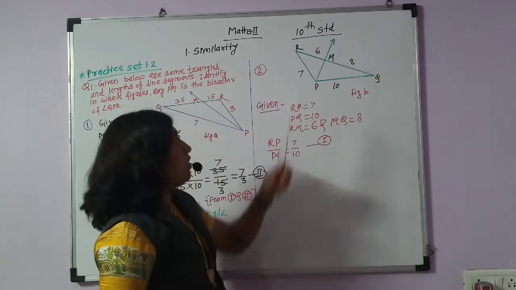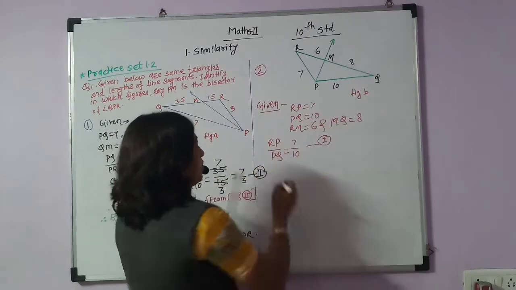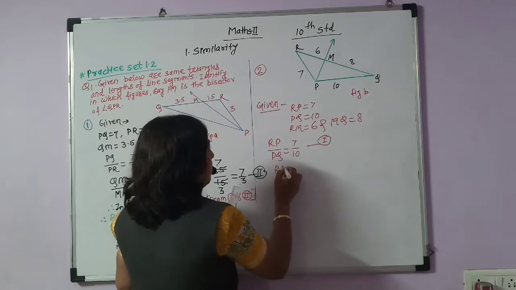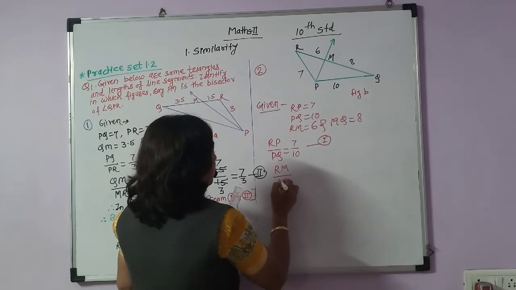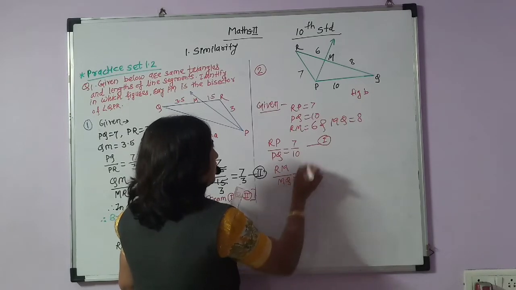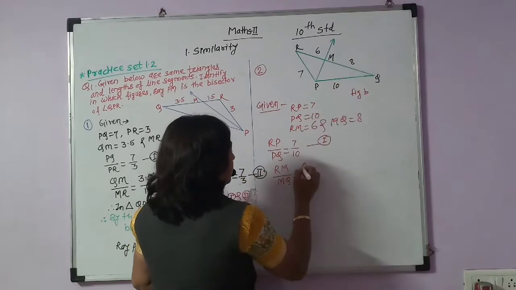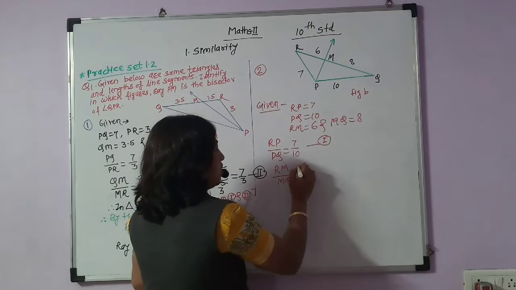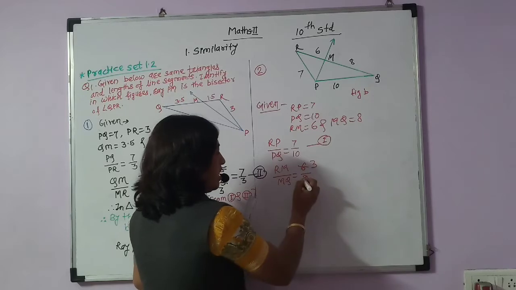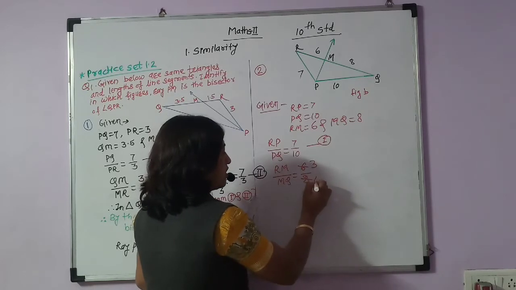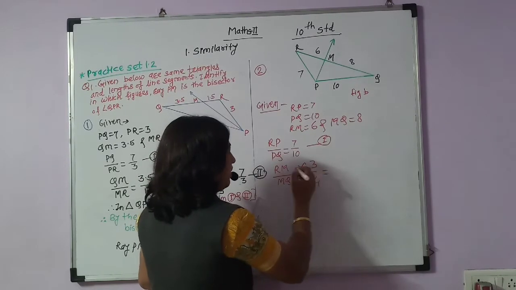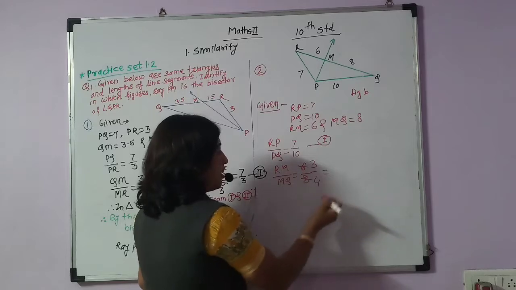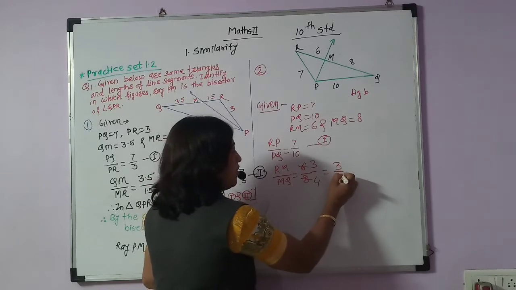Then find the value of RM upon MQ, which is equal to 6 upon 8. 2 3s are 6 and 2 4s are 8. Therefore we get the value of RM upon MQ equal to 3 upon 4.